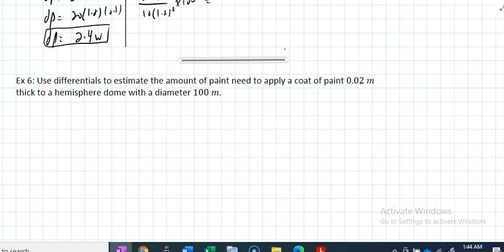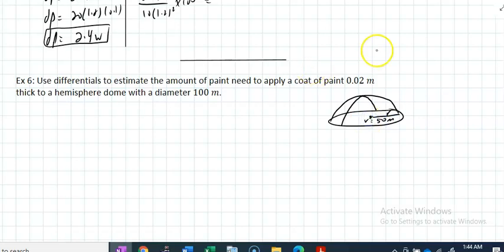Use differentials to estimate the amount of paint needed to apply a coat of 0.2 meters thick to a hemisphere dome. So hemispheres look like this. Where you have a diameter of 100, so R equal 50.